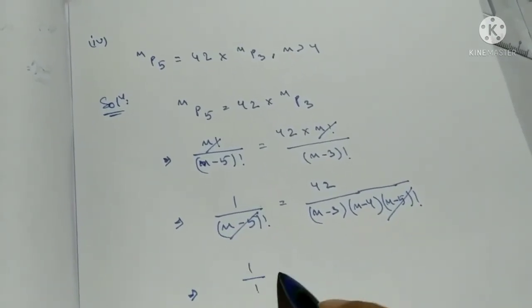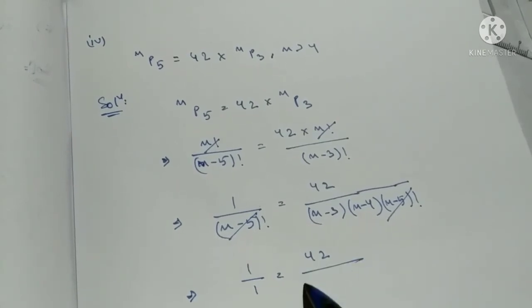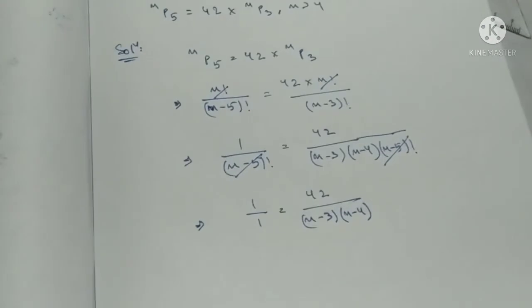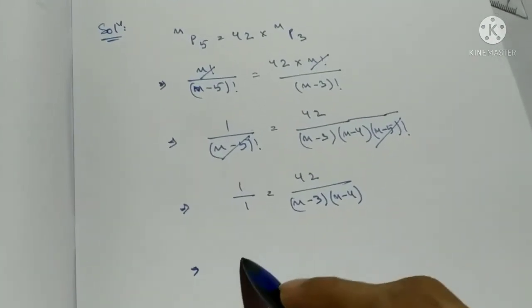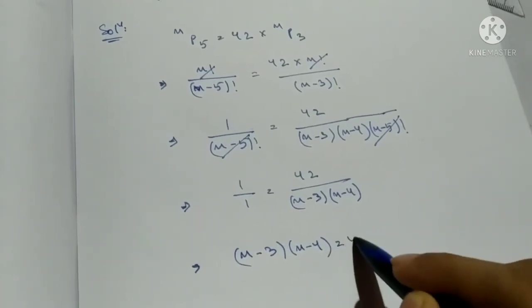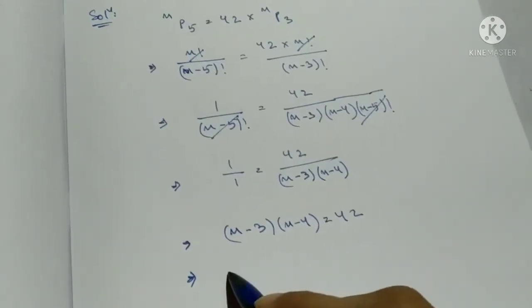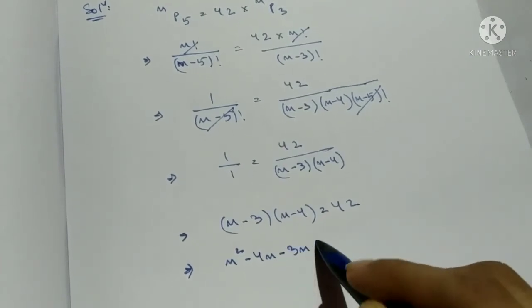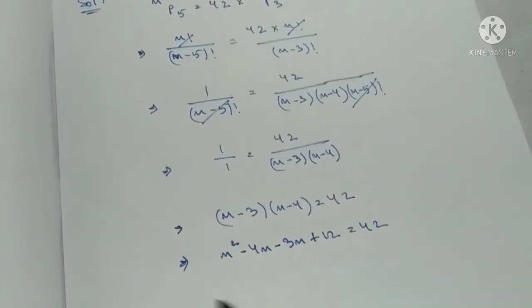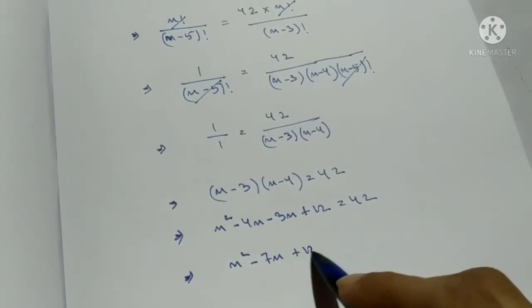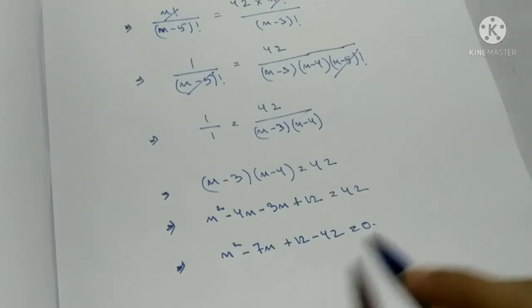This one 1 by 1 equals 42 by (n minus 3) into (n minus 4). Now if I do cross multiplication, (n minus 3) into (n minus 4) equals 42. So it will become n square minus 4n minus 3n plus 12 equals 42. n square minus 7n plus 12 minus 42 equals 0.